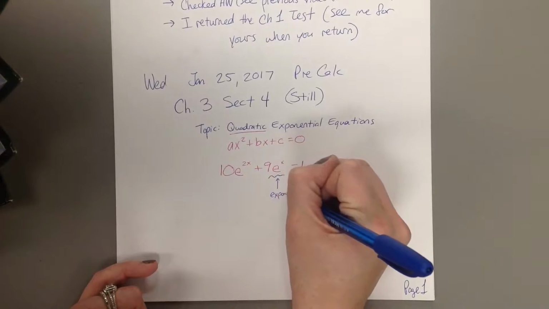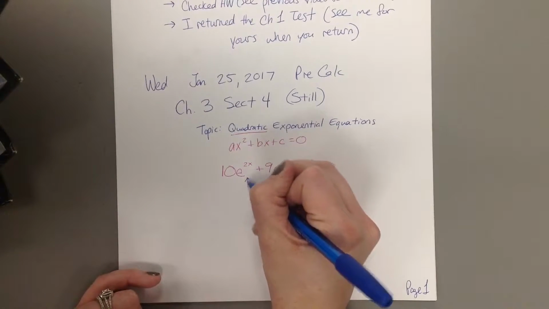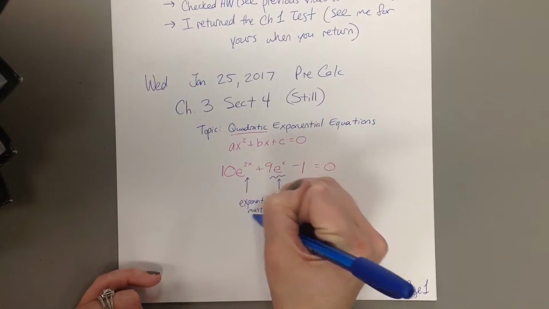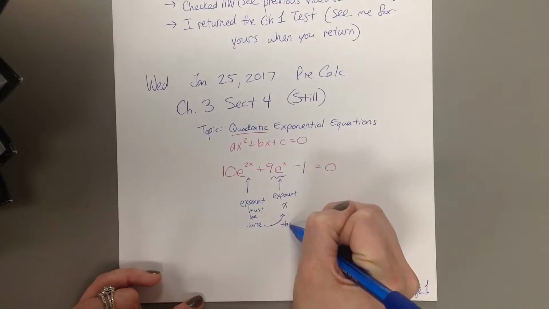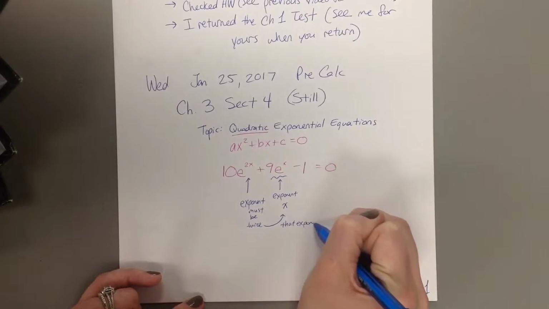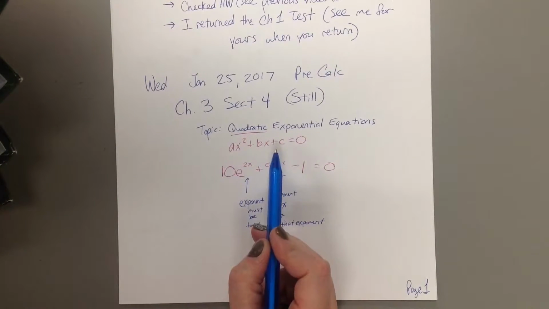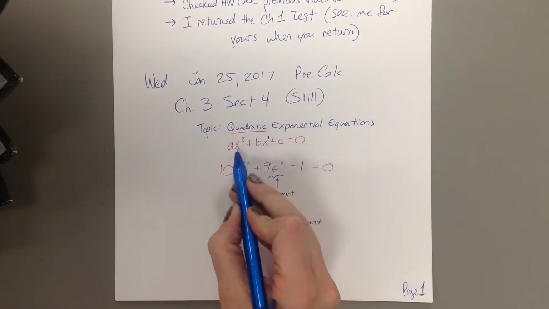The exponent is x. And then we need to look at this exponent. This exponent must be twice that exponent, which is what we saw when it was just x's, not e to the x. It was x to the first power and then x squared.